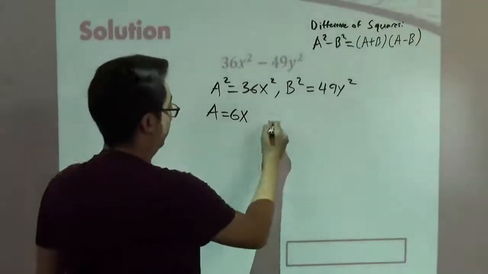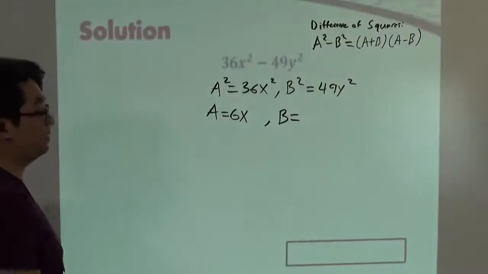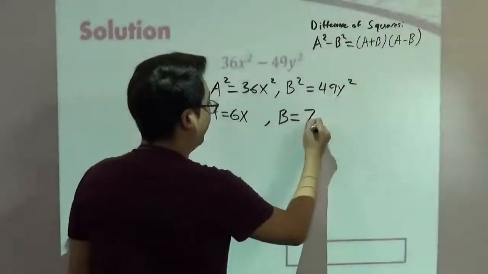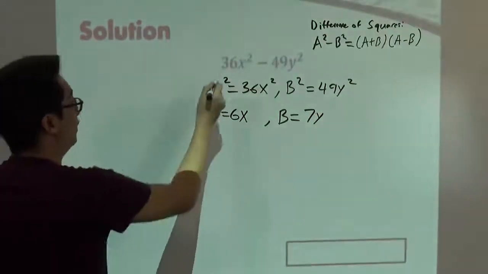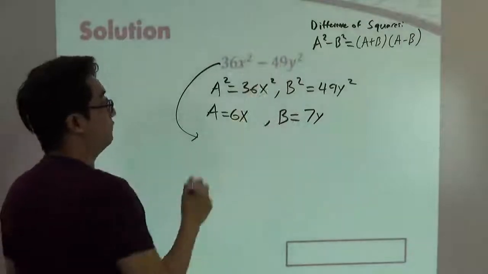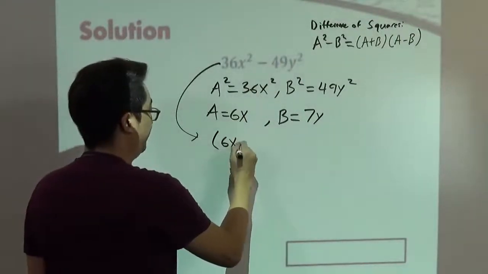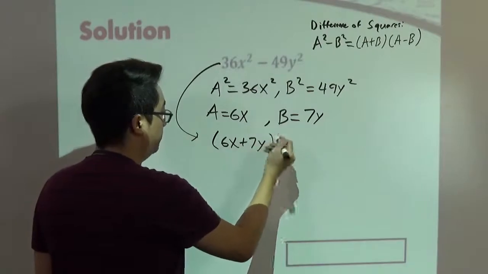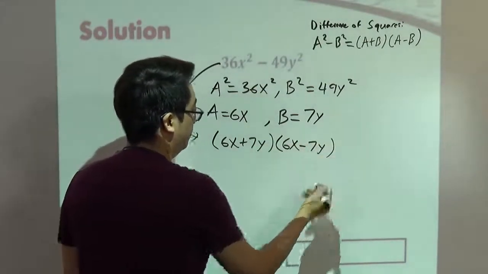Same thing for our B. Our B, 49, think about what squared gets me 49. That's 7, and attached to it is just a y. So in reality, the factored form of this expression using the difference of squares should be A plus B times A minus B. So 6x plus 7y times 6x minus 7y.